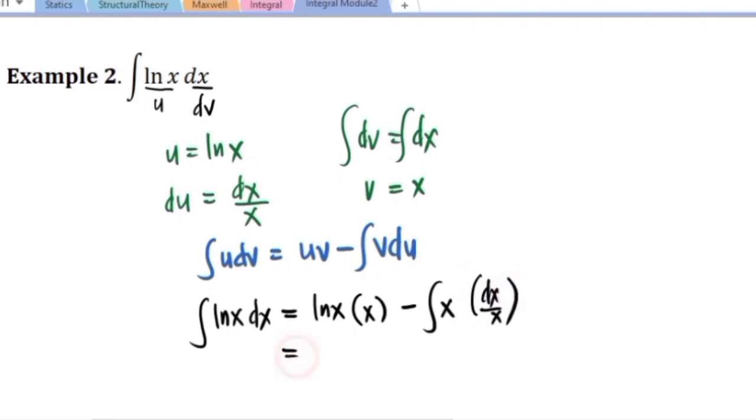So simplifying, we have x ln of x minus, so cancel si x, integral of dx. So we have x ln x minus the integral of dx is x plus c, and this is our answer.